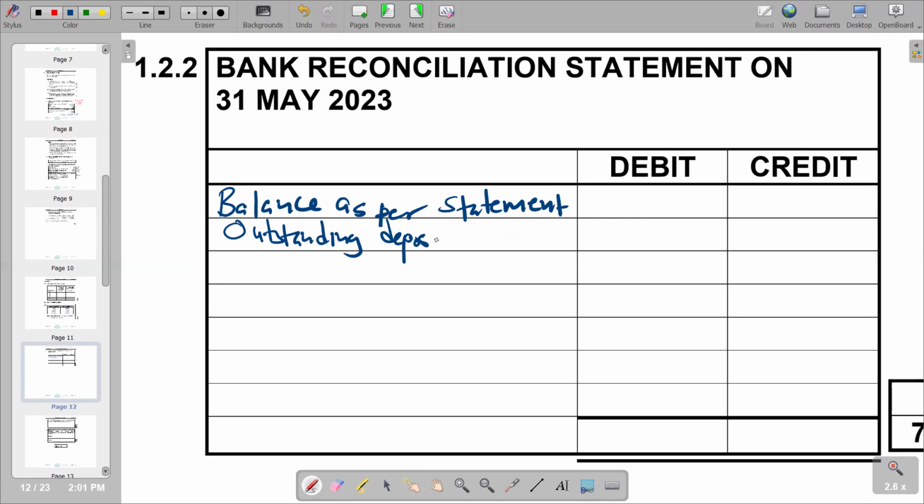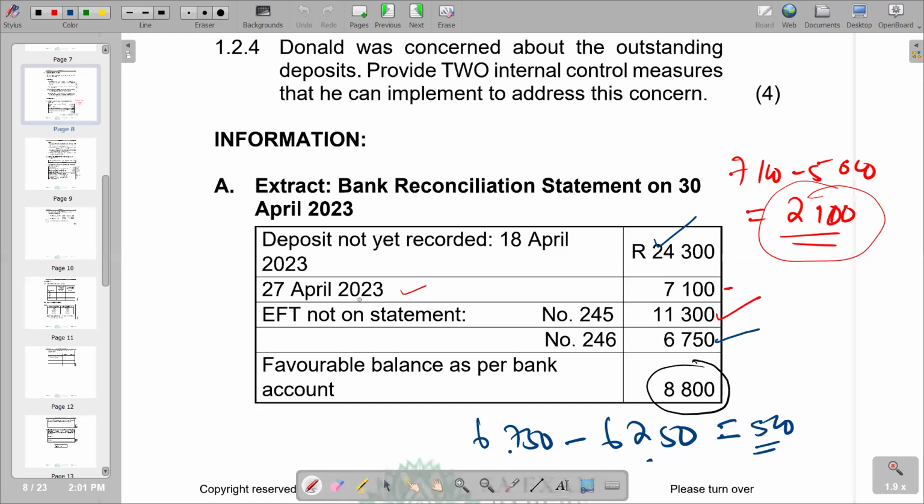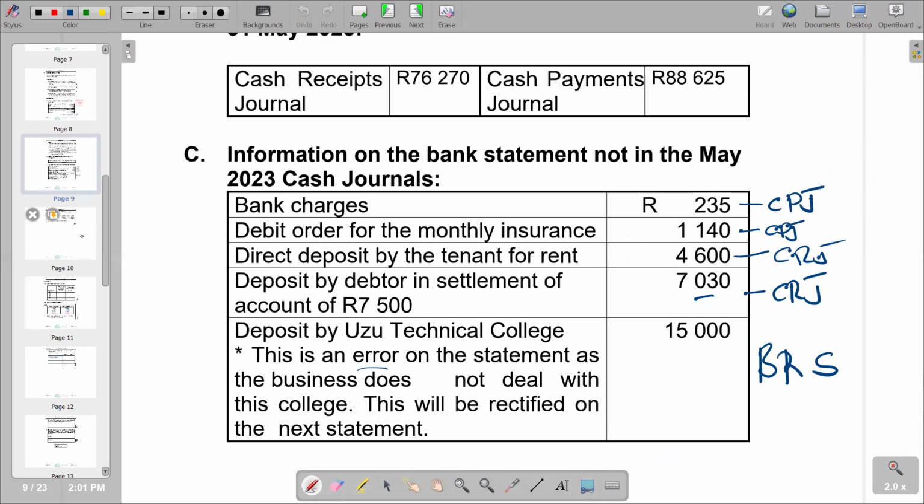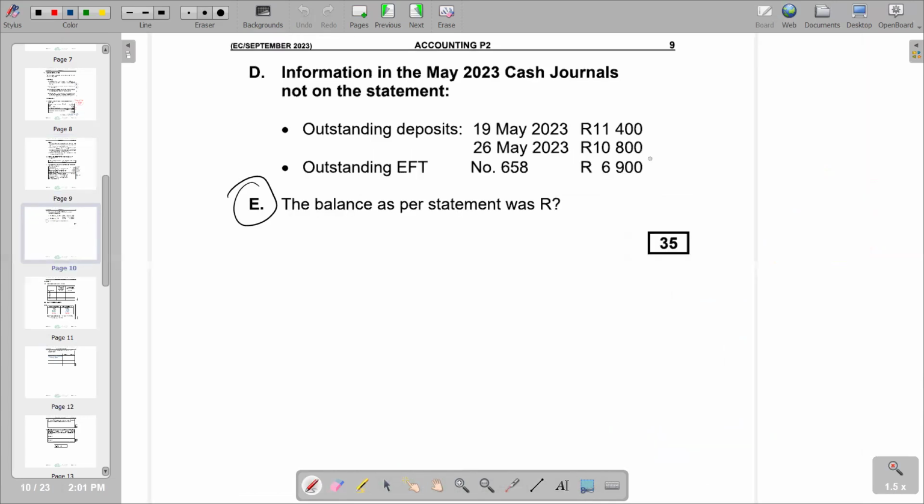So we check where we have our outstanding deposits in the question. If you come here, you would see we've got this one on 19 May 2023, 11,400, and this one for 26 May 2023, 10,800, on information in the May 2023 cash journals, not on the statement.